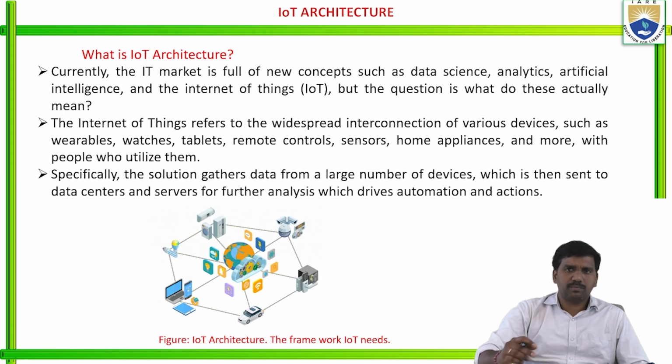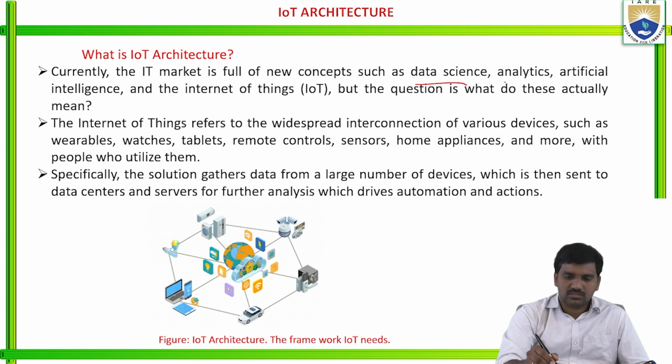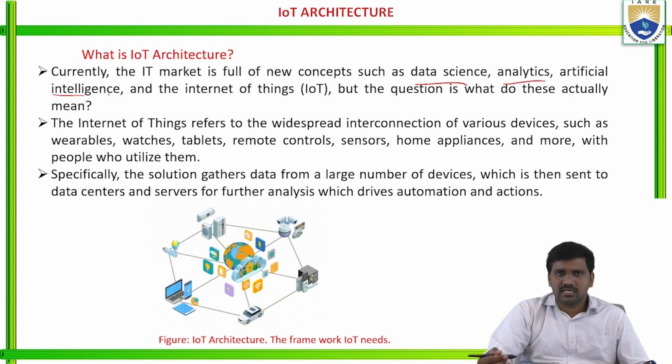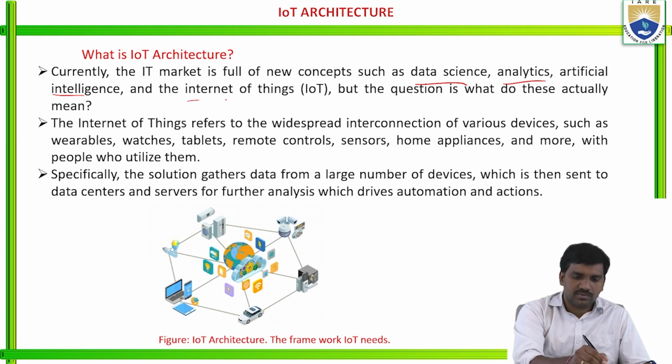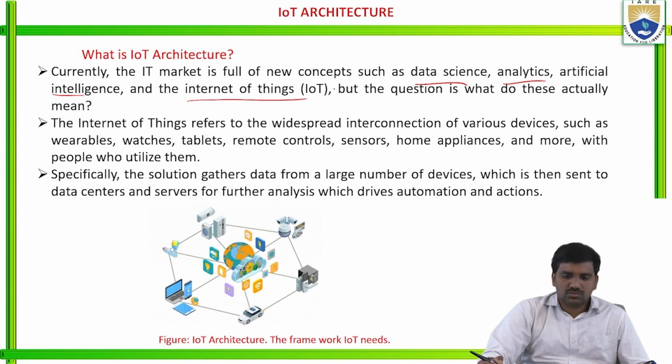So what is the main architecture of IoT here? Currently, the IT market is full of new concepts such as data science, analytics, artificial intelligence, AI and ML, machine learning, deep learning. Such new concepts came into force with IoT, but the question is what it actually means.